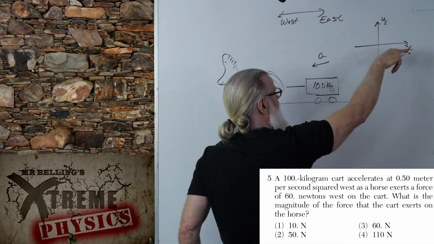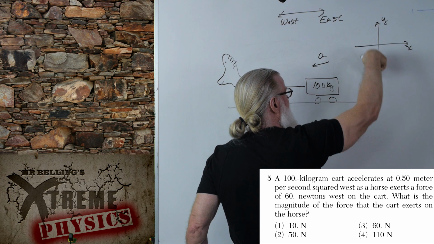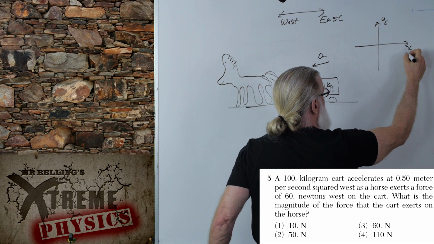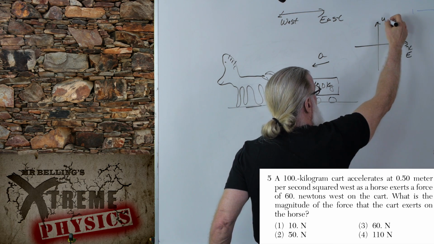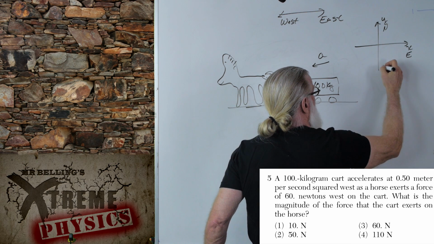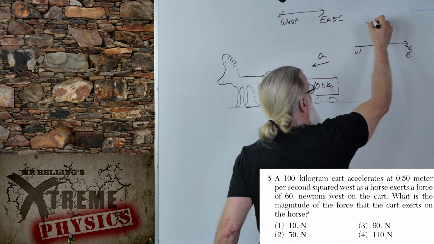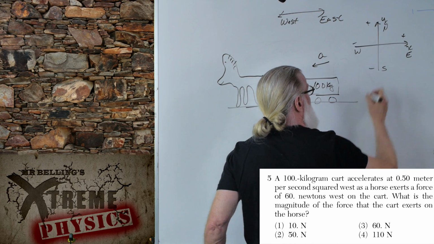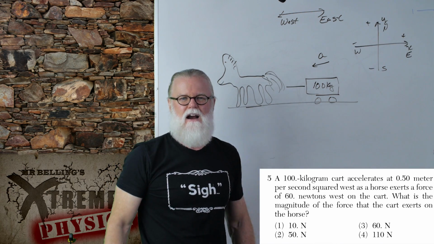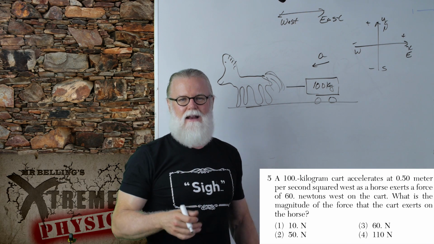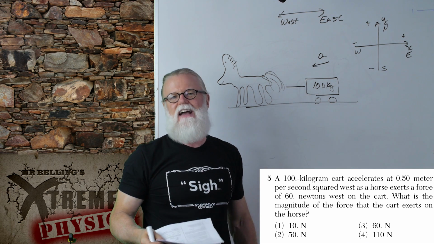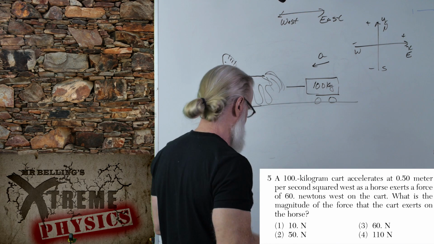So this will be positive x, positive y, negative y. And this is going to be east, and this would usually be north, and this would usually be south, and this would be west. And, of course, positive in this way, positive, negative, negative. Right? So that'll be our convention so that we can automatically answer questions and keep our vectors straight. This is about getting our vectors right.